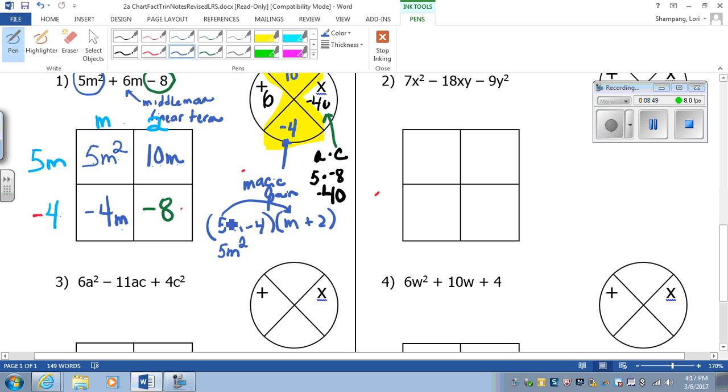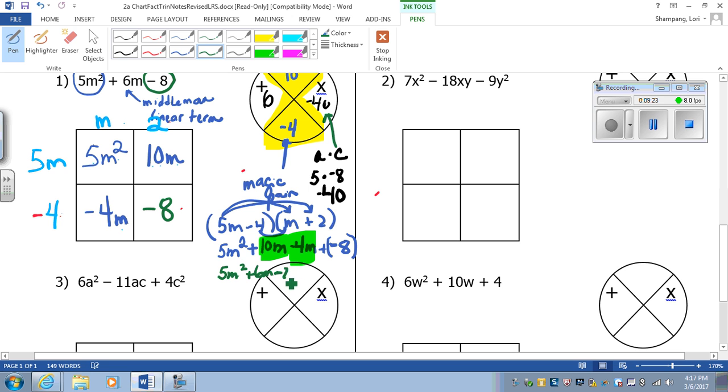And my last is going to be negative 8. So when I combine like terms, I have two like terms here, my 10m and my negative 4m. And again, those were my magic pair that created the middle term. So that leaves us with 5m squared plus 6m minus 8. And that is the same trinomial that we started with in number 1.